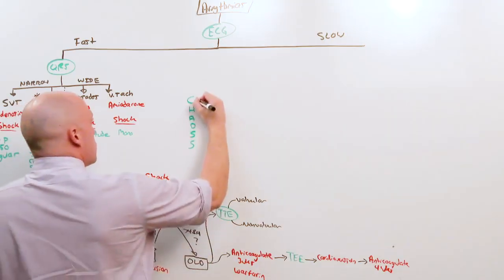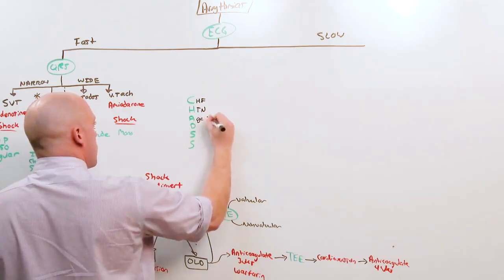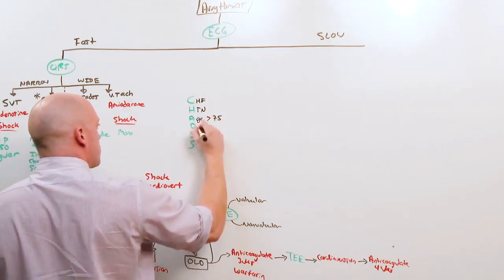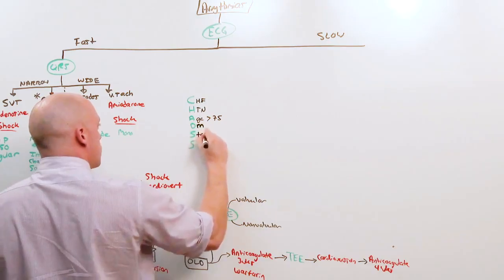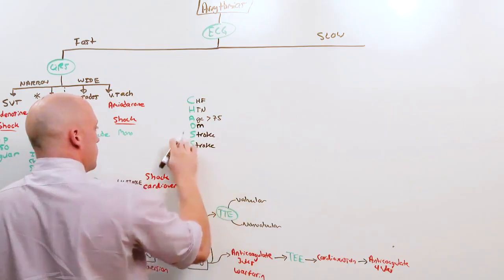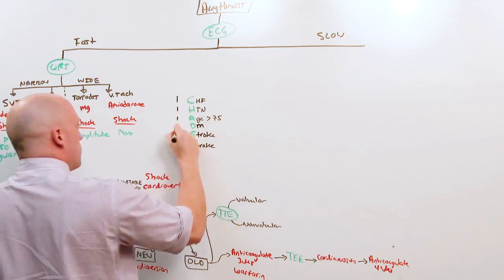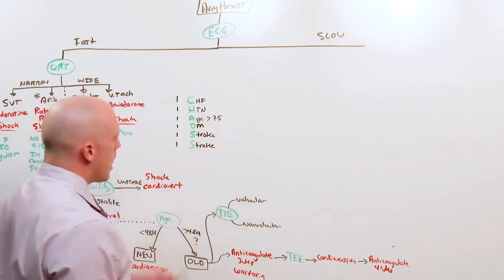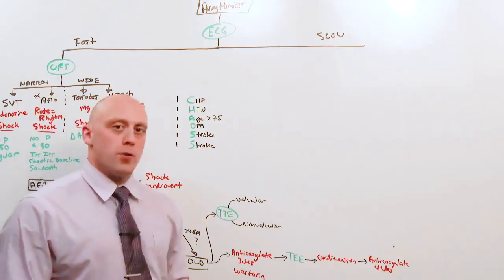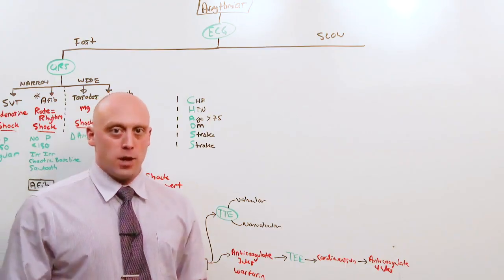It stands for CHF, hypertension, age greater than 75, diabetes, and stroke counts twice. CHADS 2, because stroke gets 2 points. Each of these are worth 1 point. And if you get enough of them, your risk is high enough for you to need anticoagulation.